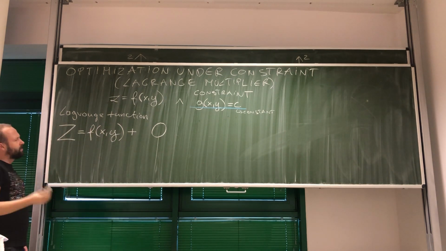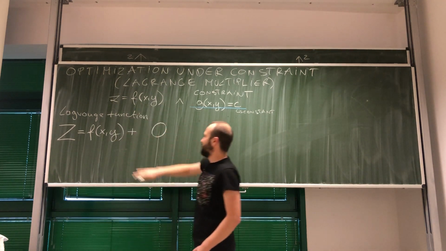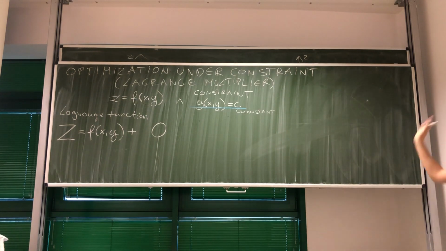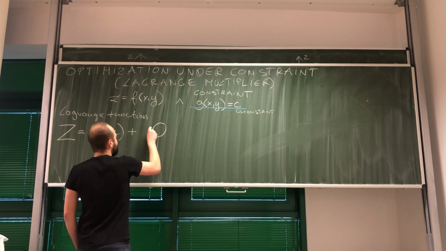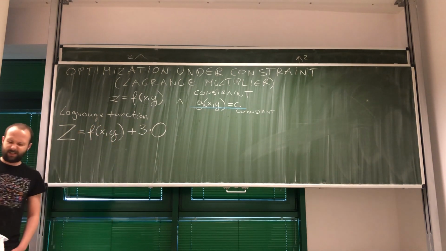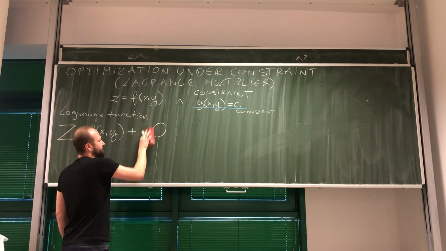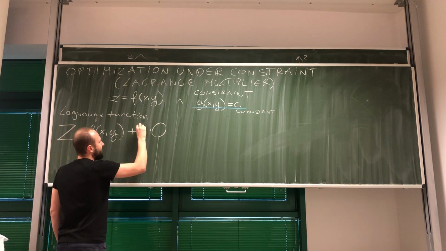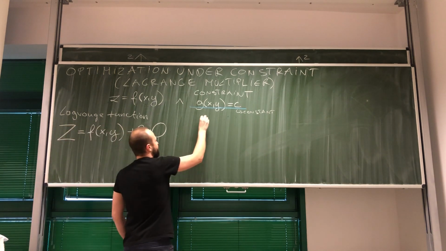And it makes perfect sense. Now we've got exactly the same function, because f(x,y) and f(x,y) plus 0 are the same thing. But we can go even deeper with this. If I multiply 0 by 3, this is still 0. Actually, I can multiply 0 by any number I want, and I'm still going to have 0 here. So I'm going to multiply it by a number denoted by the Greek letter lambda.